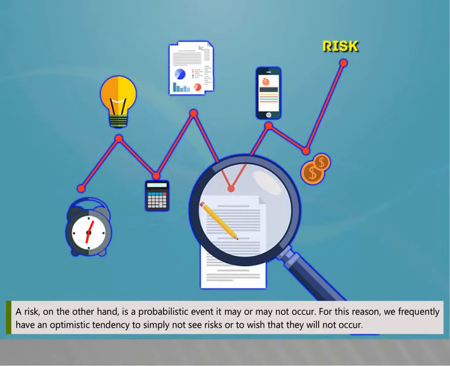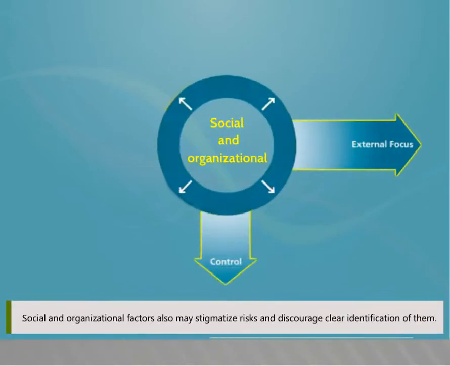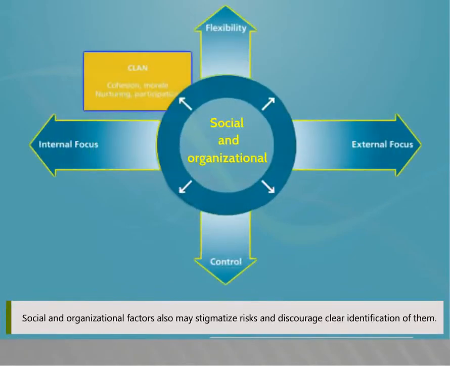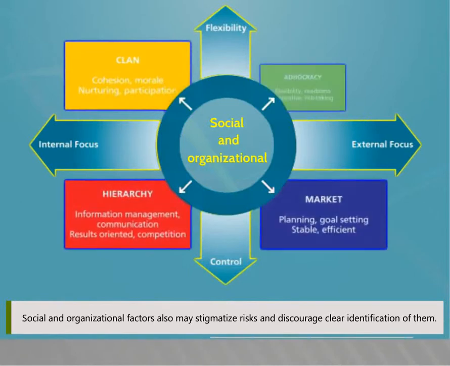A risk, on the other hand, is a probabilistic event. It may or may not occur. For this reason, we frequently have an optimistic tendency to simply not see risks or to wish that they will not occur. Social and organizational factors also may stigmatize risks and discourage clear identification of them.